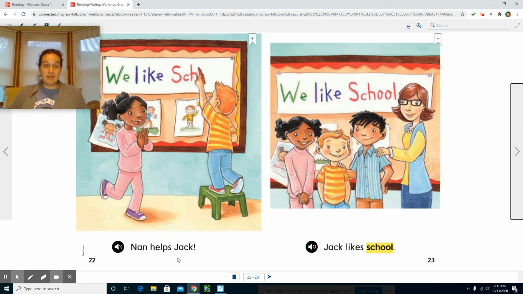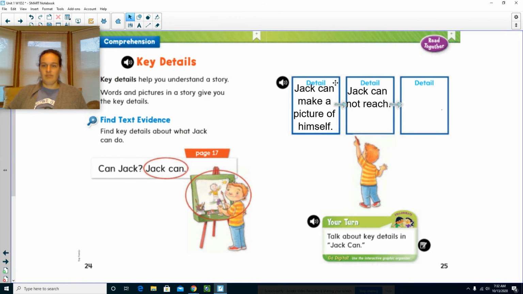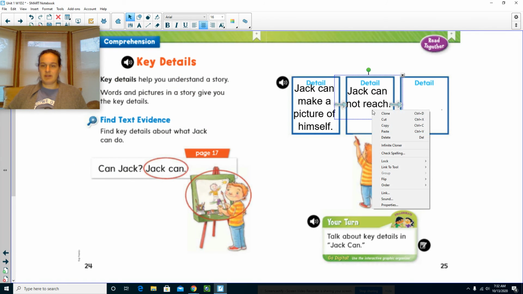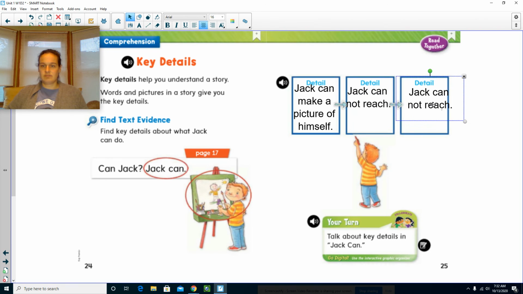Nan is helping Jack. So that's what we can write. Nan helps Jack reach. So we're adding more detail, not just the words here. So now we can add that part. Nan helps Jack reach.